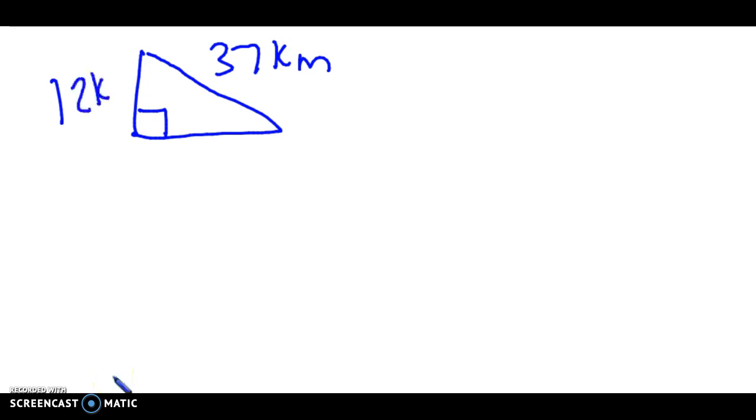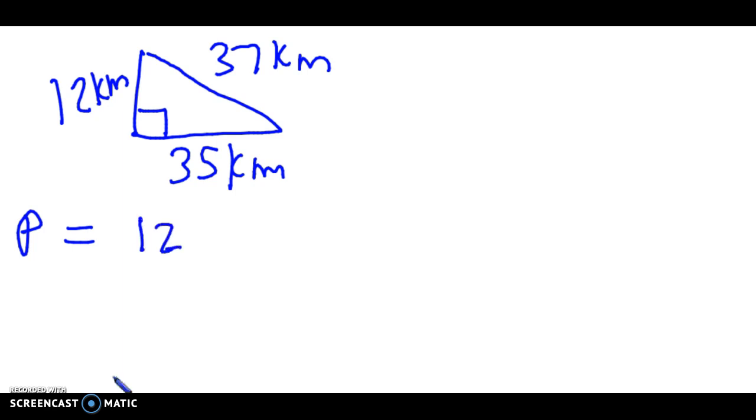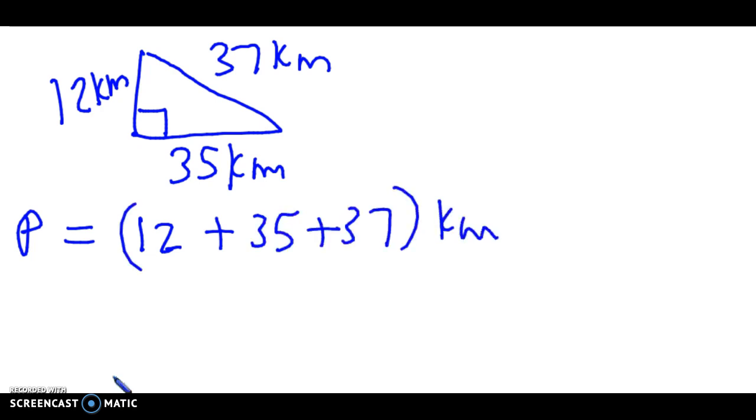This side or leg was 12 kilometers, and we found the missing side of 35 kilometers. So if we want to find the perimeter, you just add the distance around the edges. So we would find this by finding the sum of 12 plus 35 plus 37, and our units would be kilometers. So the perimeter of this triangle is 84 kilometers.